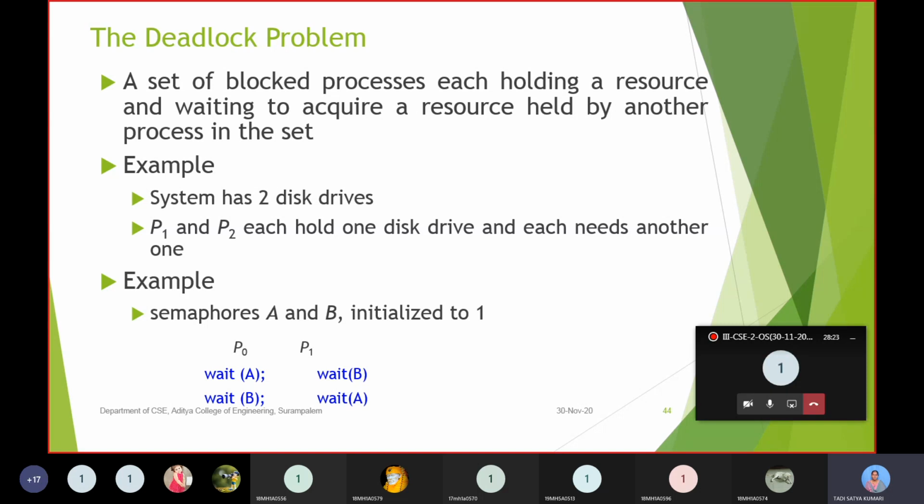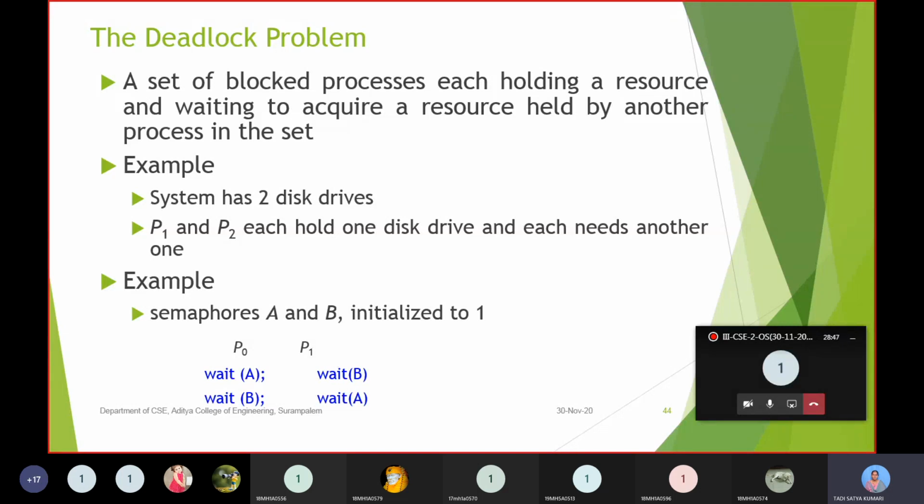Such a situation is called deadlock. If the system is in the deadlock state, it cannot execute any process and cannot do anything. The system becomes completely idle because all the processes are in the deadlocked state and cannot execute further.